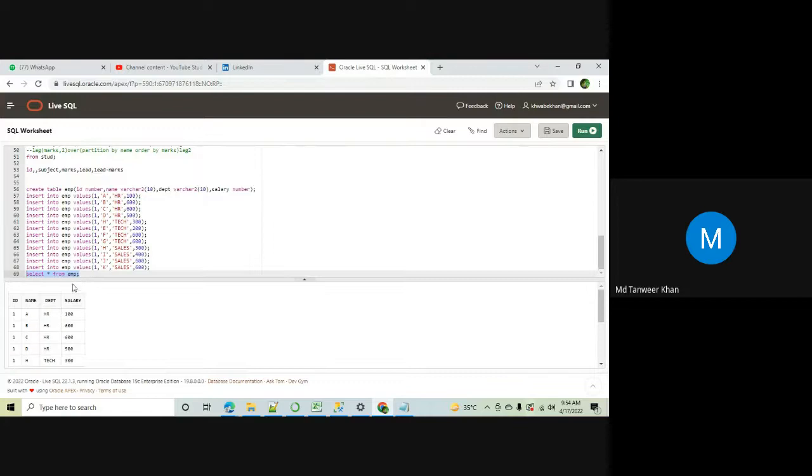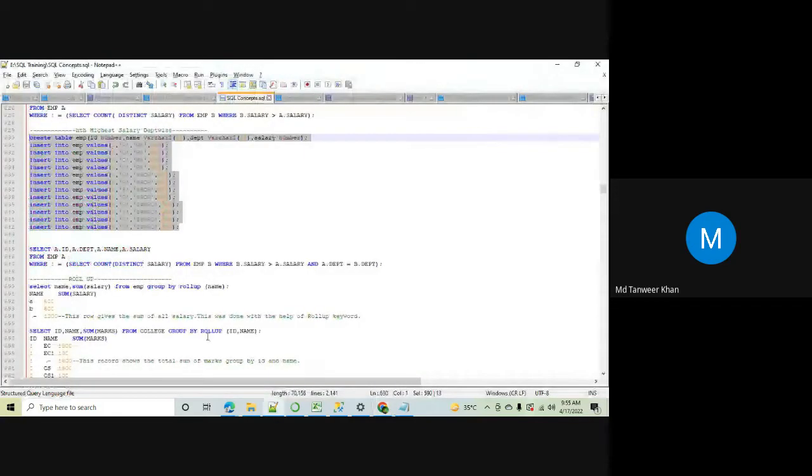Okay, so this is our employee table, and you can understand the ID, name, department, salary. I want to explain what a roll up is here.